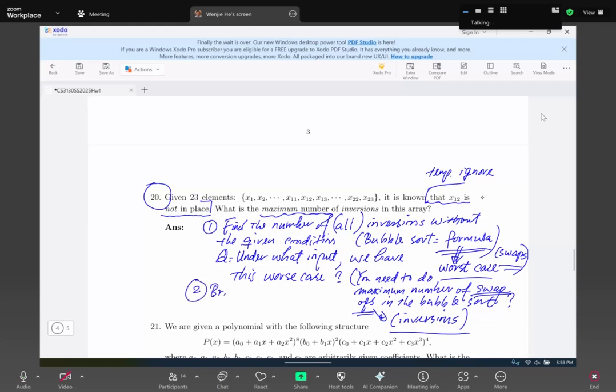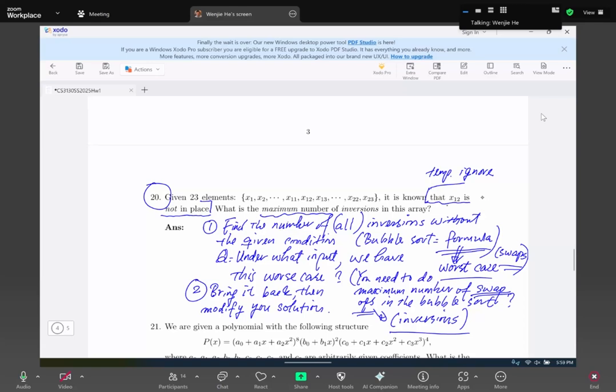Bring that condition back, then modify your solution. Yeah, small modification, because of the condition.